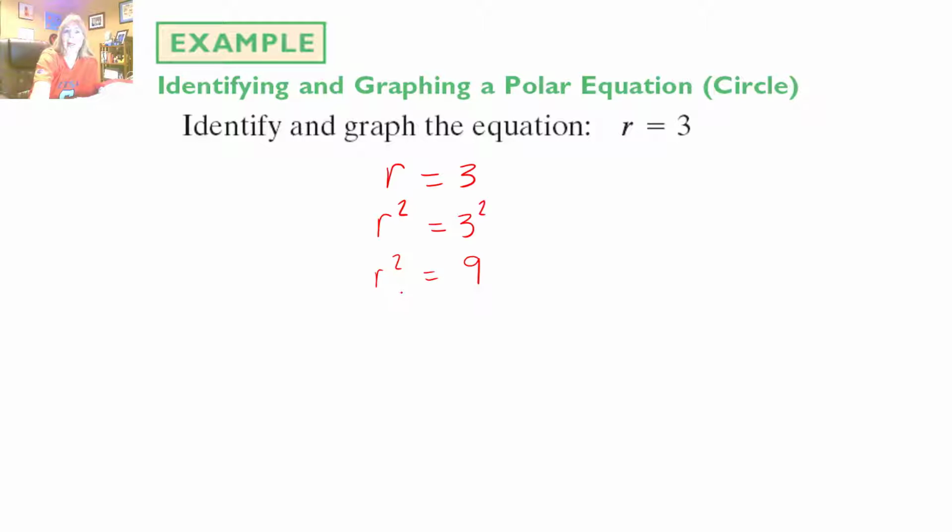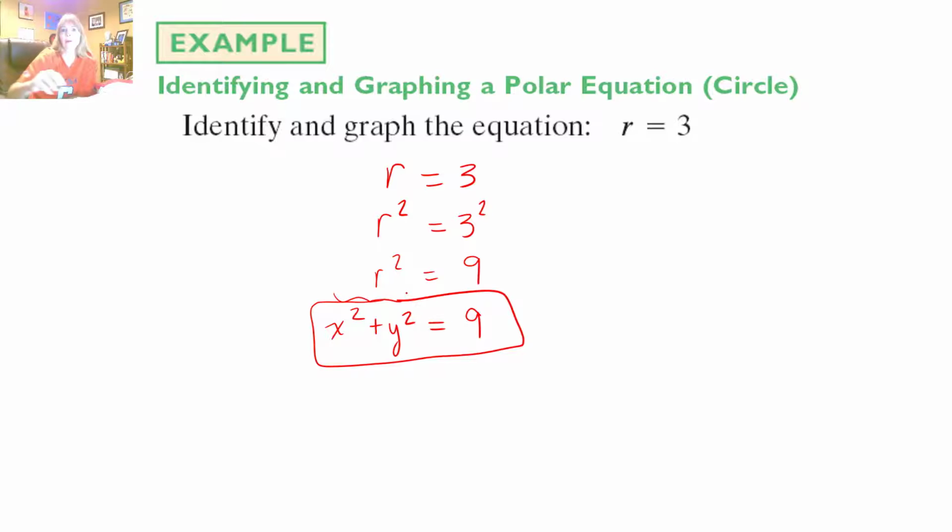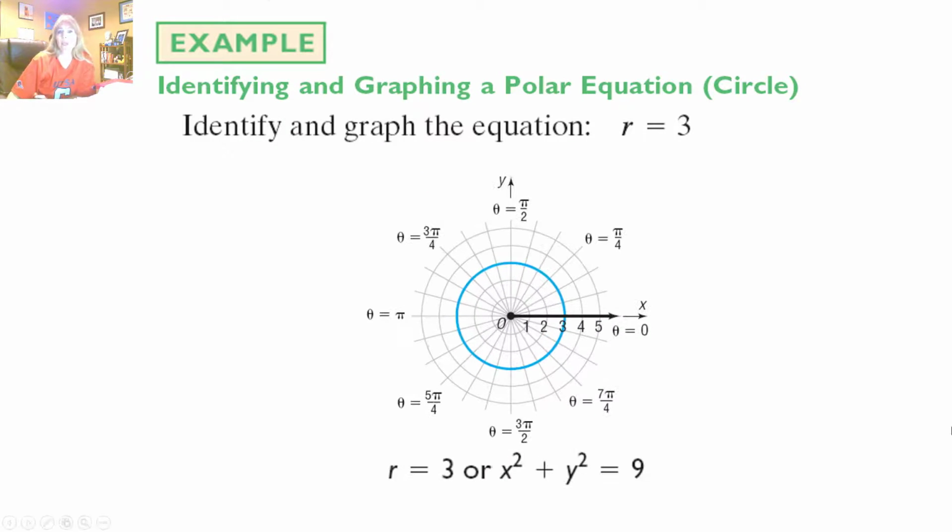Now remember, I can find r squared based off of x squared plus y squared. And now this looks very familiar, right? x squared plus y squared looks like a circle. As you can see, x squared plus y squared equals 9 corresponds to r equals 3. So if I start right here and I go out 1, 2, 3, then I make my nice little circle.